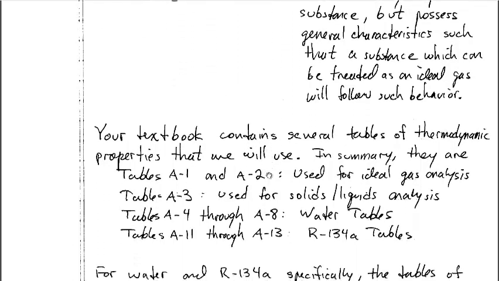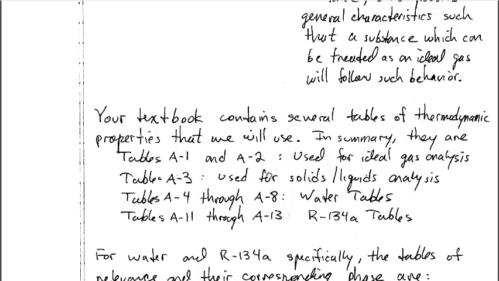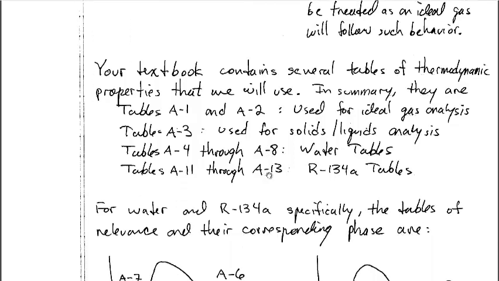Okay, so the textbook contains all kinds of thermodynamic tables, and we're going to use some of them, but we're not going to use all of them. Most of the tables that we'll use are listed here, though this isn't a complete list, and there will be some additional tables that we'll use throughout the semester. Basically, tables A1 and A2 are used for ideal gas analysis.